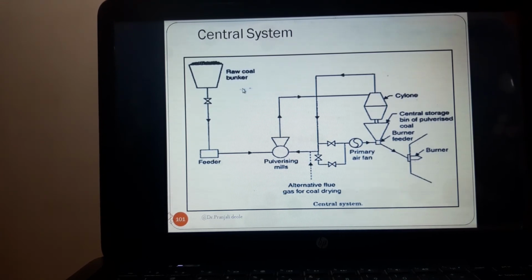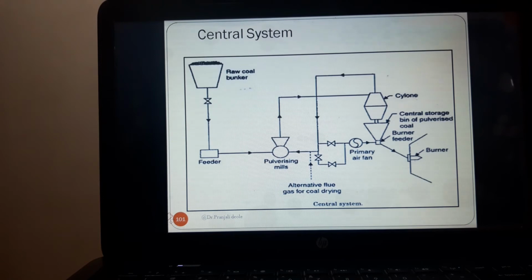This central system, again I am going to repeat here. This system is illustrated in the schematic diagram. Central pulverizing system employs a limited number of large capacity pulverizers at a central point to prepare coal for all the burners. Dryers, if required, are conveniently installed at this point.